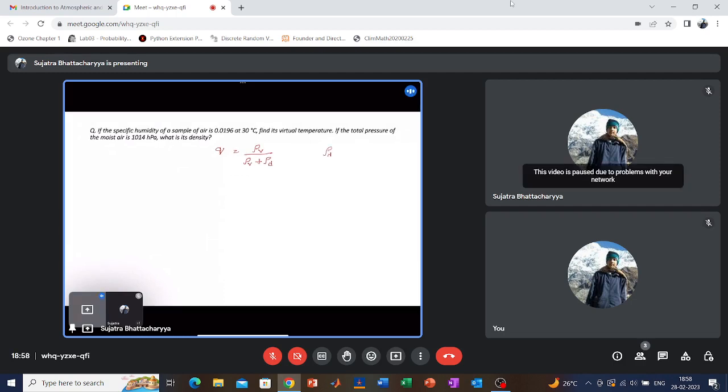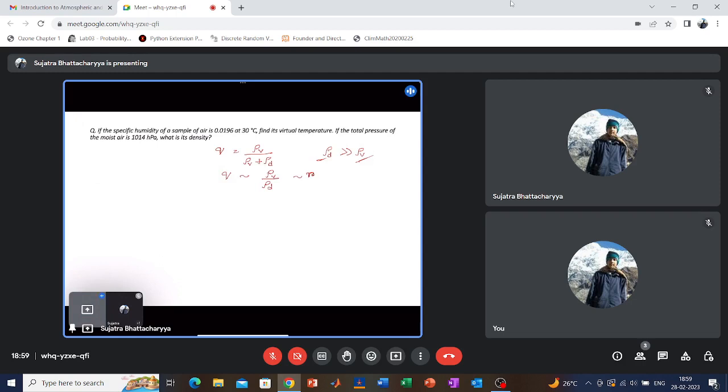Density of dry air is much greater than density of vapor, 10 to the power minus 3 compared to about 1.28. So Q can be approximated as rho V by rho D, which is the mixing ratio.